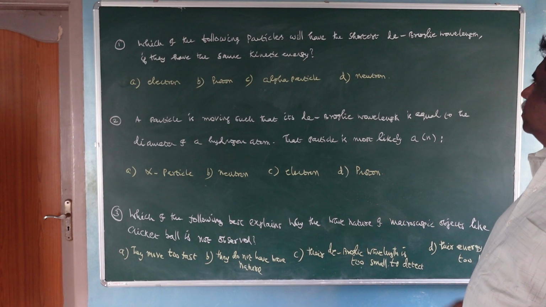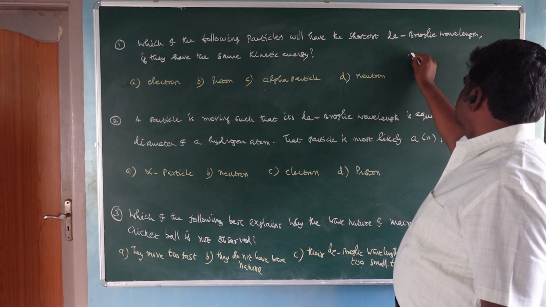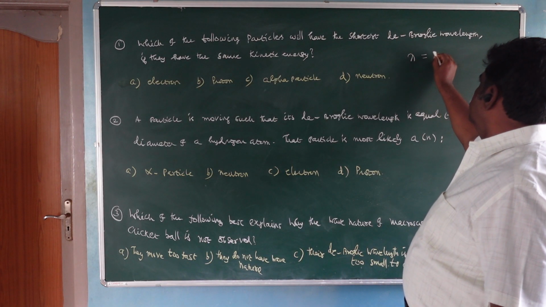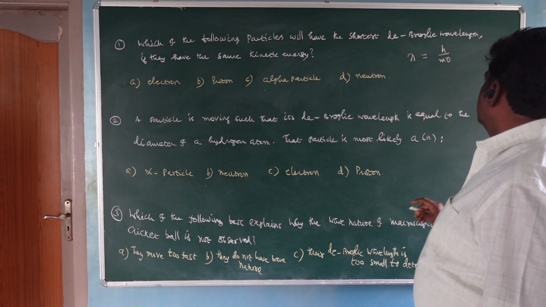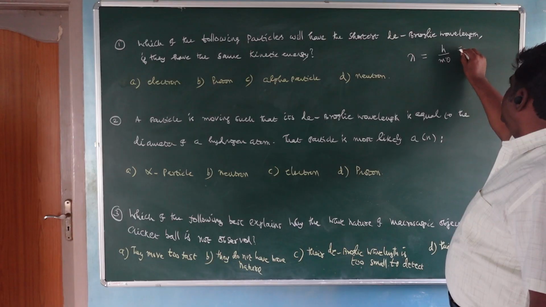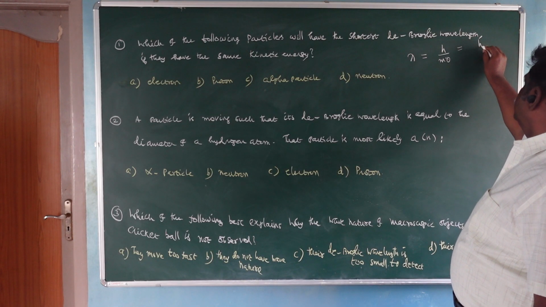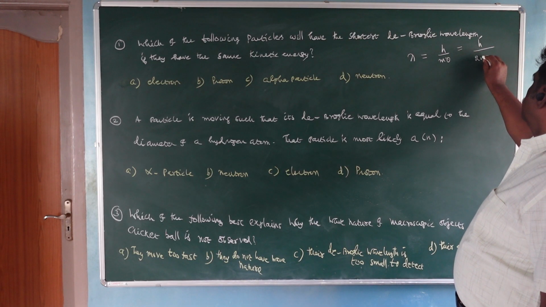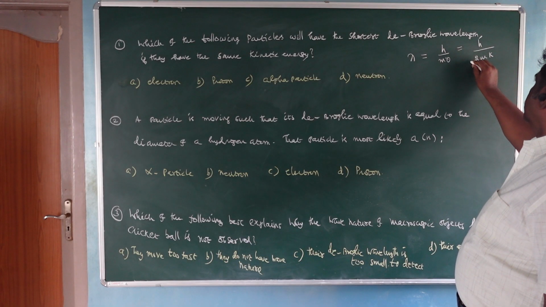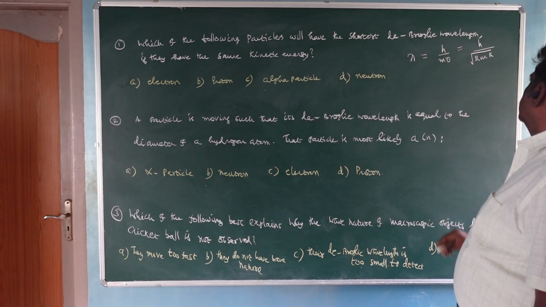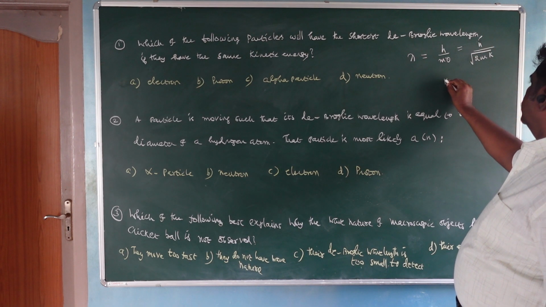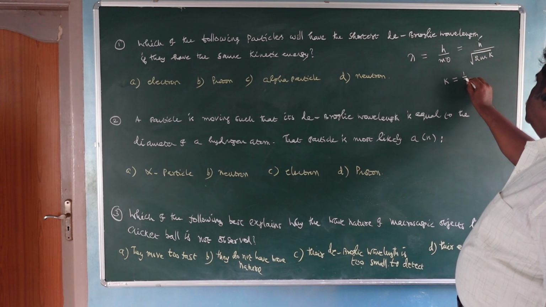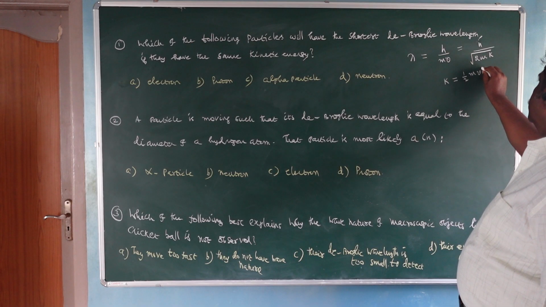That's the question. You know the de Broglie wavelength lambda equal to h by mv. This is expressed in terms of kinetic energy as h divided by root of 2m into K. Here K is our kinetic energy, half mv square.